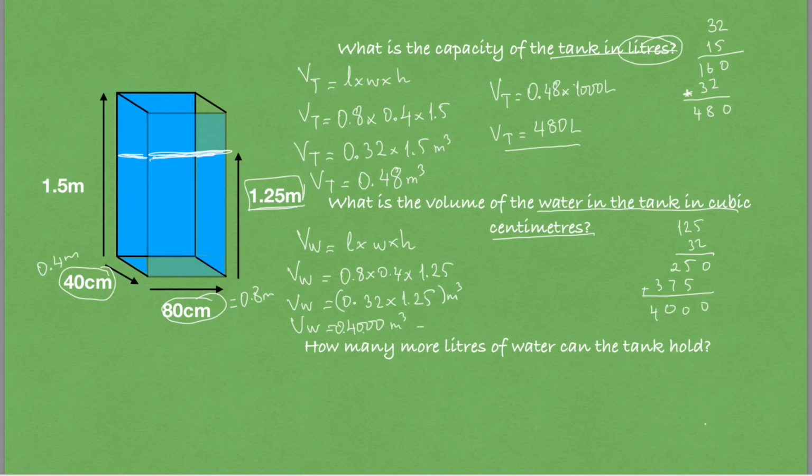So if we need to write again, volume of water equals 0.4 meter cube, but the question requests us to convert it to centimeter. 0.4 meter cube, we are going to multiply it with 10 to power 6 to convert to centimeter cube.